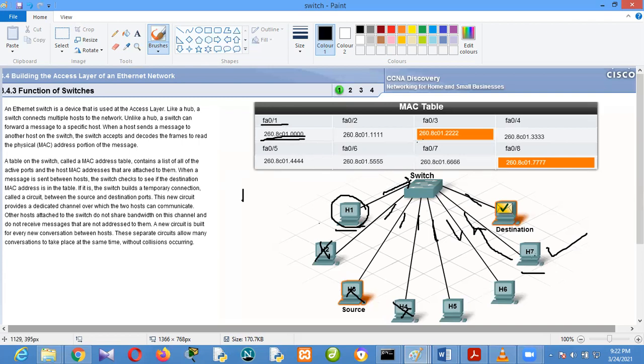Now, when H7 responds, I am H7, the switch will note, okay, H7, this is your MAC address, and you are connected to my FastEthernet port 0/7. This is the way the switch takes note of hosts that are connected to it and fills its ARP table.